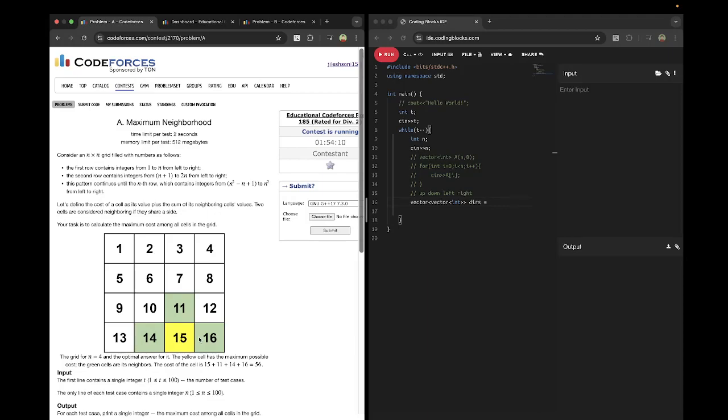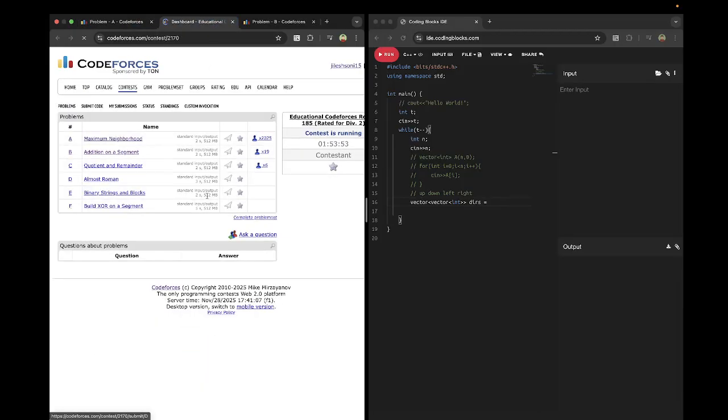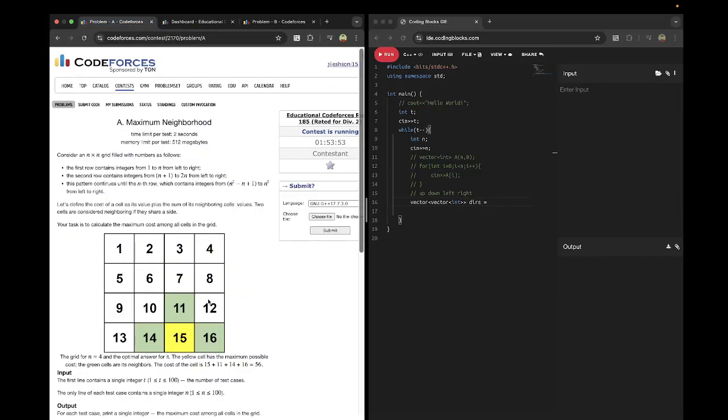But I'm not sure about that. This could also be a good one, because this has 3, but then the cost of 4 will always be more. So I'm kind of confused about that, because this will always pick this one and this one.